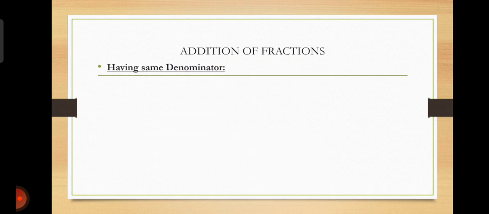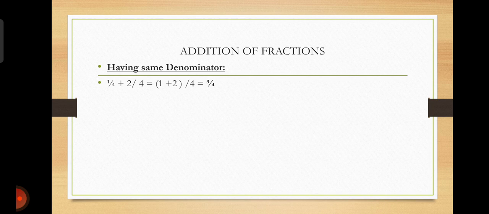Addition of fractions. Now we have to add two fractions and there are two different types to solve it. First is having the same denominator. For example, 1 by 4 plus 2 by 4. So over here 4 is the denominator which is common.